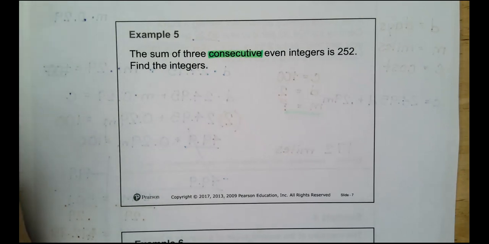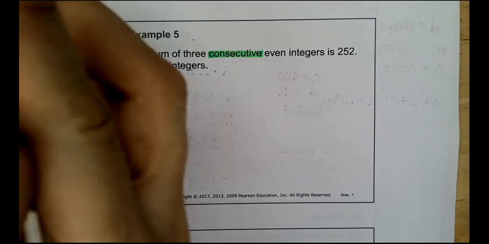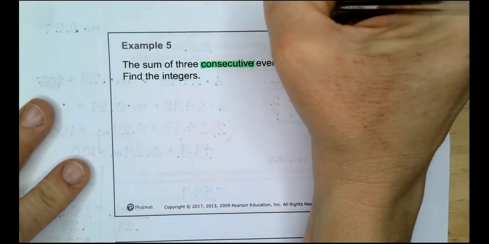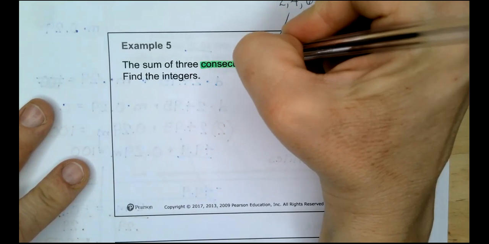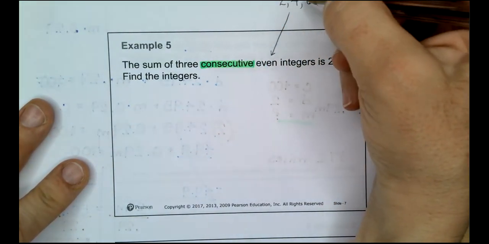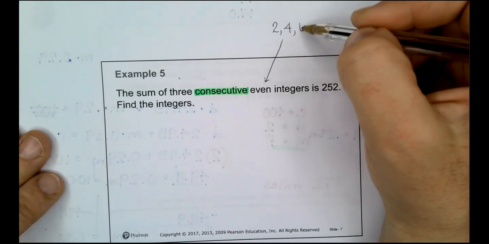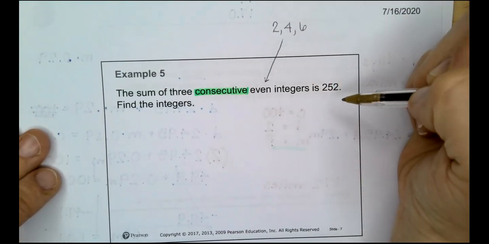Good, those are consecutive integers. But consecutive even integers means 2, 4, 6, right? We're skipping 3, we're skipping 5. We're only talking about the even ones. 2 and then 4 and then 6.